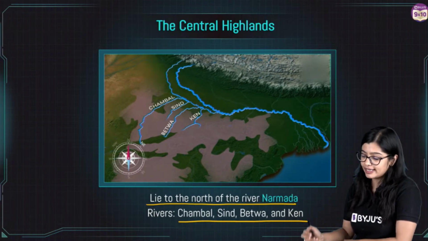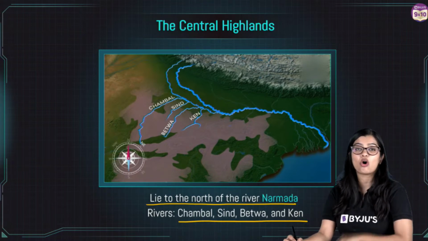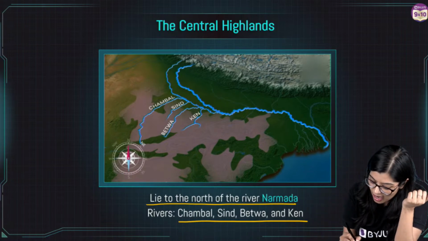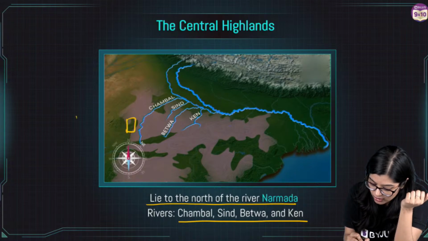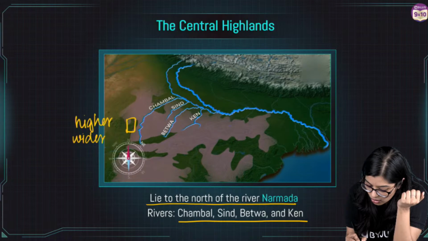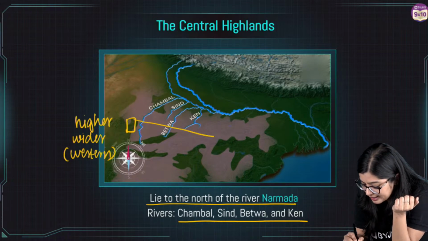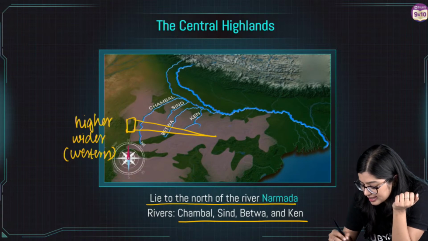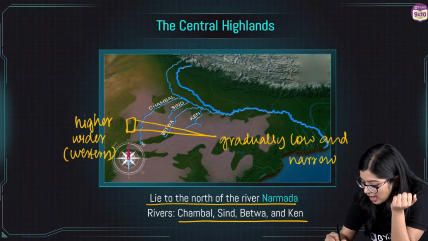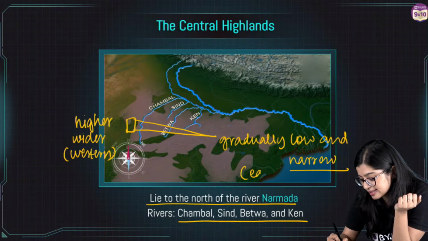If you notice, this central highland is higher and wider on the western side, and it gradually slopes down, becoming low and narrow as it goes towards the eastern side.